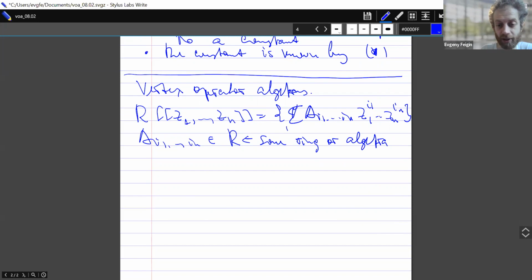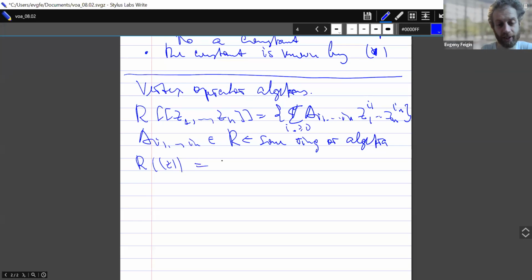We'll need one more piece of notation, R of Z. Maybe I should start with this.